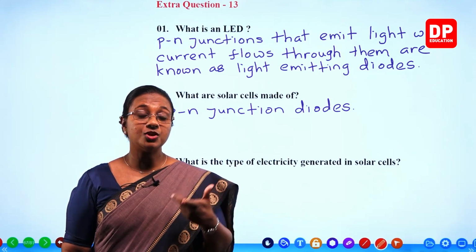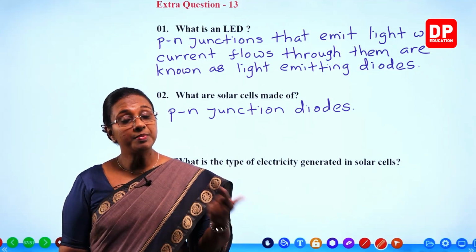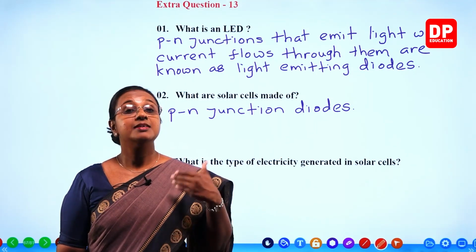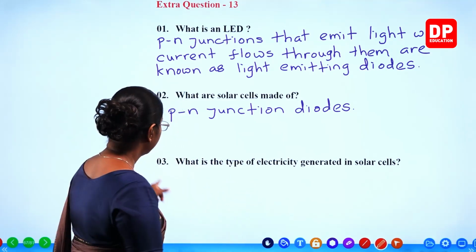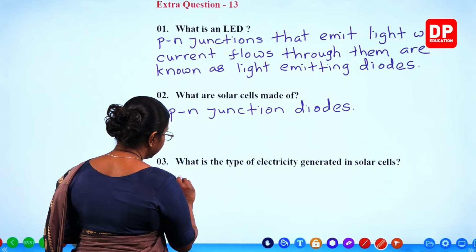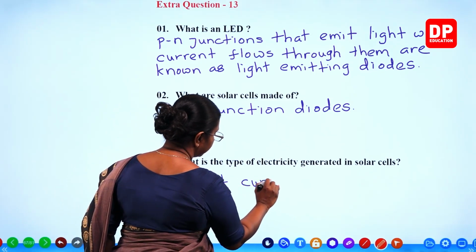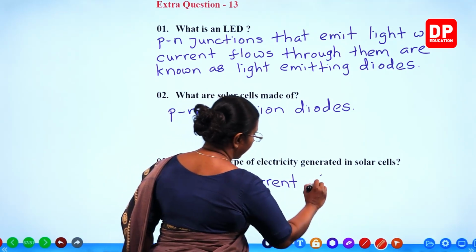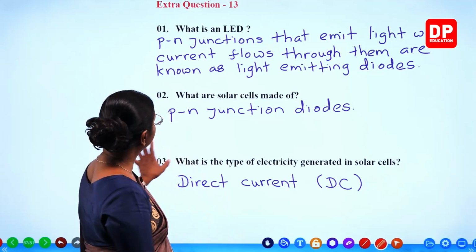Calculators you all know we either use the battery or the solar panel. From the battery it is direct current. Same way from the solar panel also we get direct current. So, what is the type of electricity generated in solar cells? It is direct current. Or you can write it as DC also. Direct current. Is that clear, students?